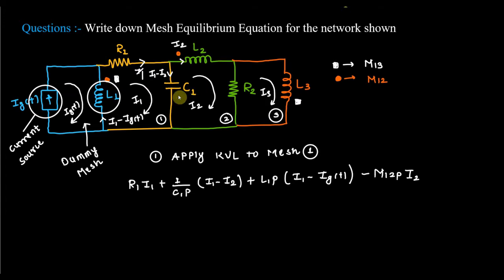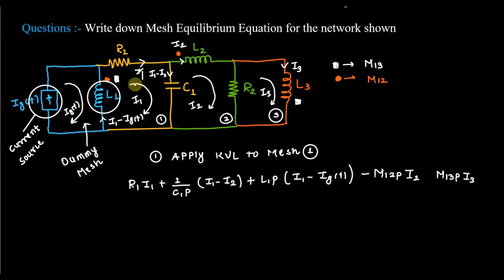Now next we have to write for the box. For the box, the value of the mutual inductance is M13P. Now write the current. This L1 is coupled with L3. What is the current in L3? The current in L3 is simply I3, because this is in the third loop. Now check whether it is positive or negative.